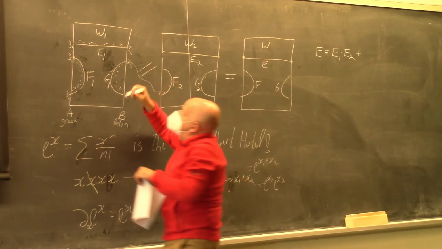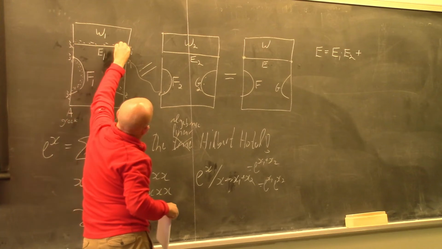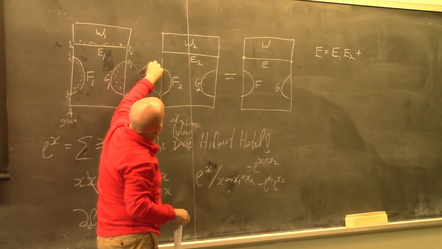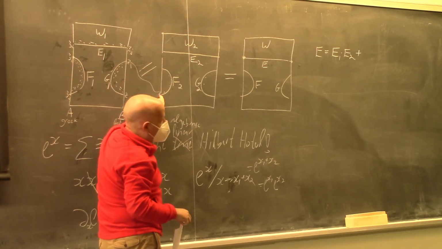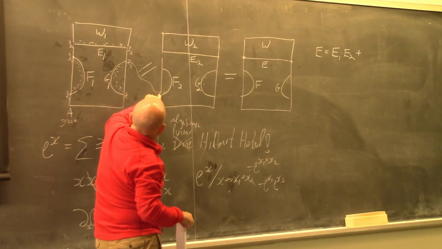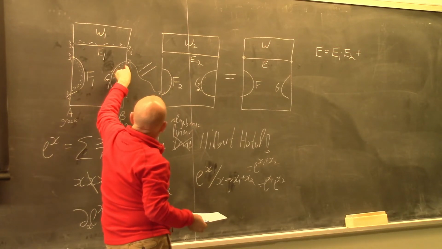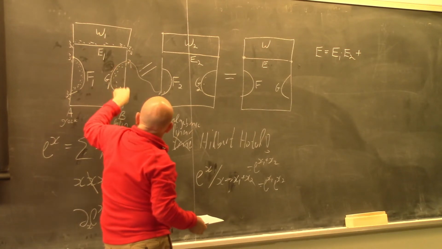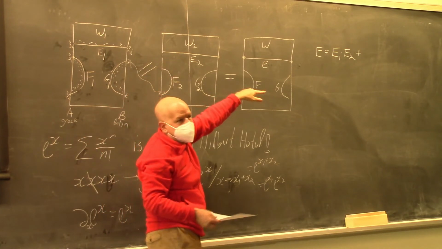But another contribution is I could have started here, gone to this Z. This Z could have been paired with a zeta corresponding to an F. Then I would be here. Then I would connect the other side of this F to a G. Then the other side of this G would be connected to an E, and I'd be coming out.